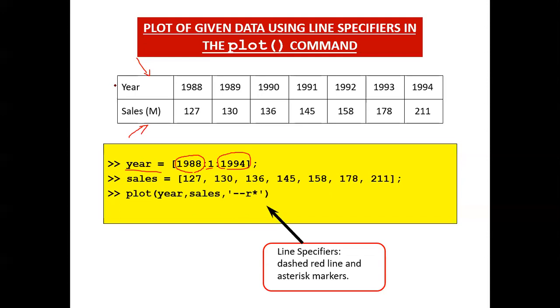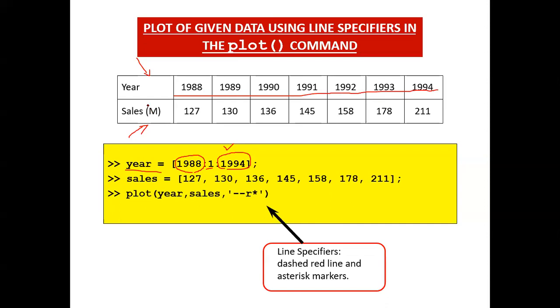Previously we entered values like 1, 2, 3, 5, 7. Now we give the starting year, increment by 1, up to 1994. The data will be generated as 1988, 1989, 1990, 1991, 1992, 1993, and 1994 is the last value.